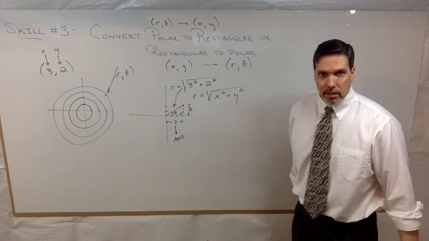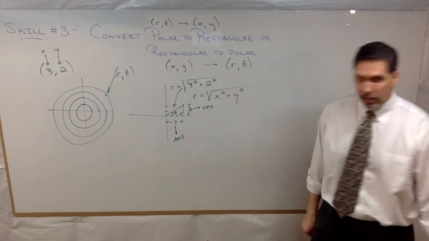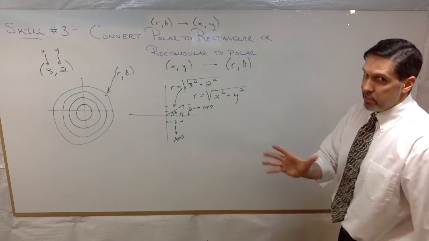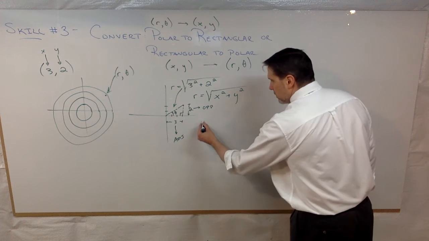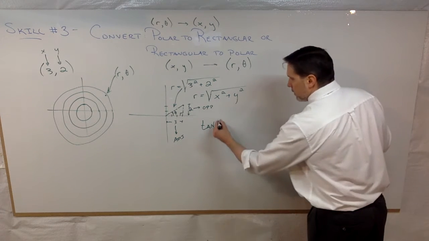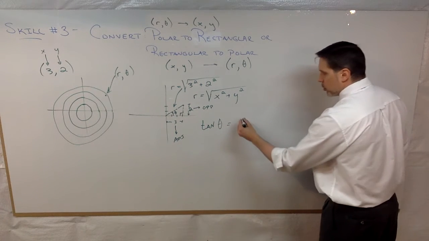It's adjacent to theta. My y is opposite of theta. So if you think about the trig ratio, the easy one that uses opposite and adjacent, that would actually be tangent. So to figure out that angle theta, you would say that the tangent of theta is equal to opposite over adjacent.